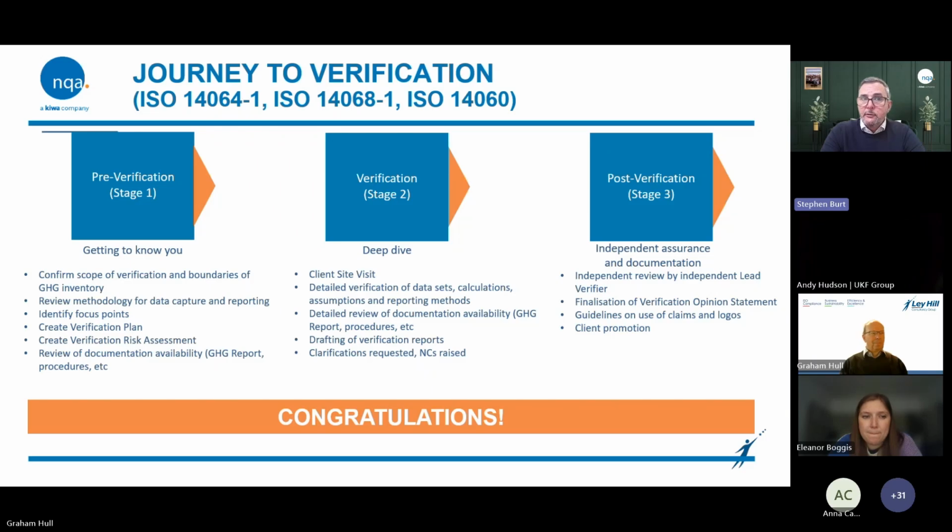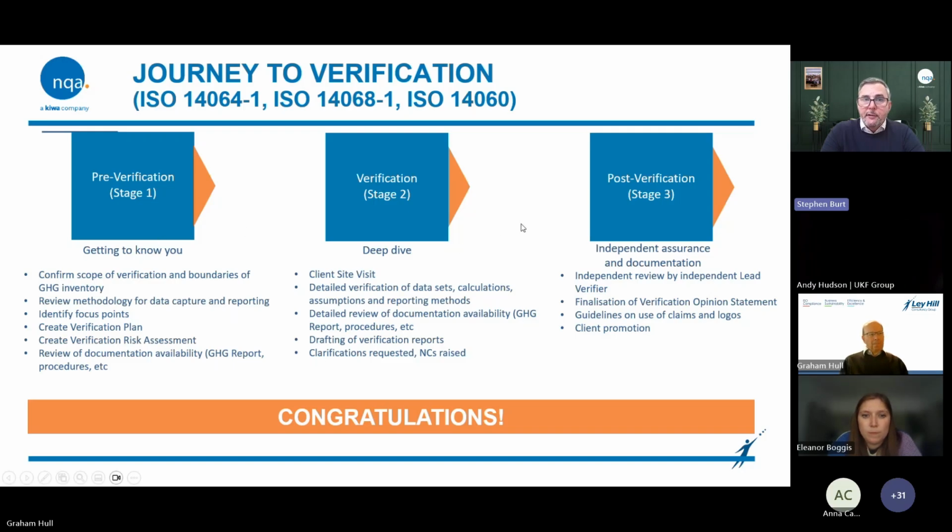There's one called ISO 14065 and one called ISO 17029. So again, those standards lay out how our service must be developed, how we must deliver it, the competency requirements of the verifiers delivering the service, undertaking the verifications, and so on. That allows us to operate as an accredited verification body.